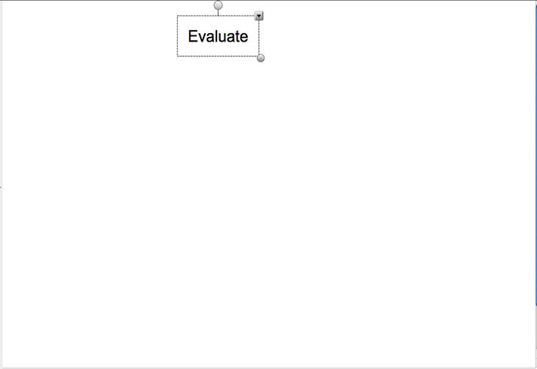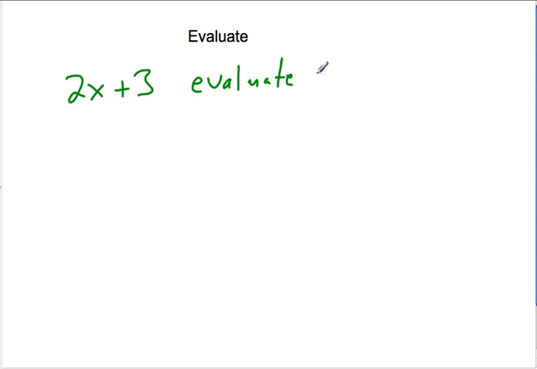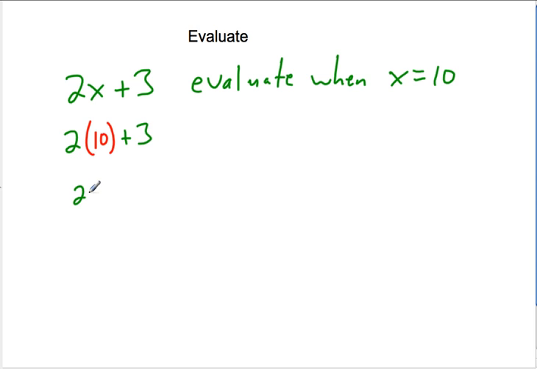So for instance, if our algebraic expression was 2x plus 3, and we want to evaluate that when x equals 10, we would write 2 times 10, remember, because when a number is next to a letter, that means multiplication. So we would do 2 times 10 plus 3. So that would be 20 plus 3, or 23. So that's how you evaluate an algebraic expression.